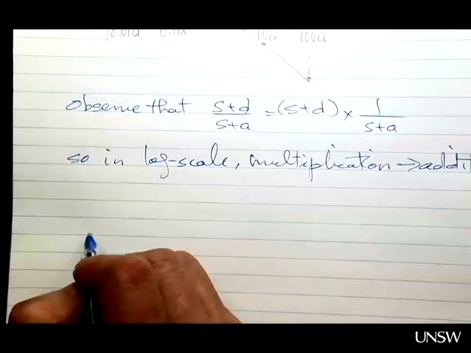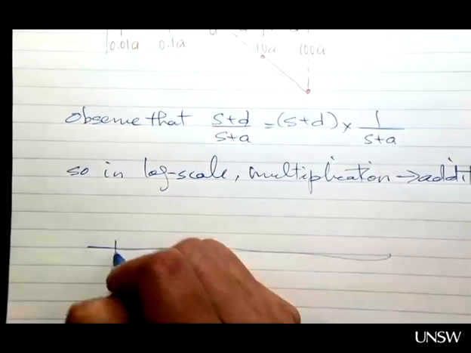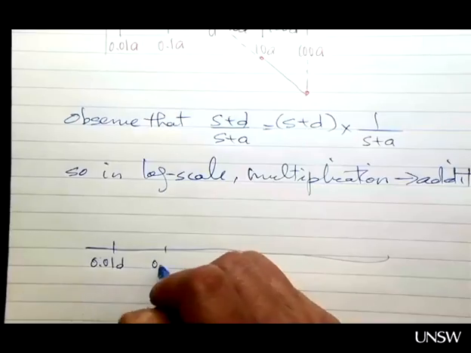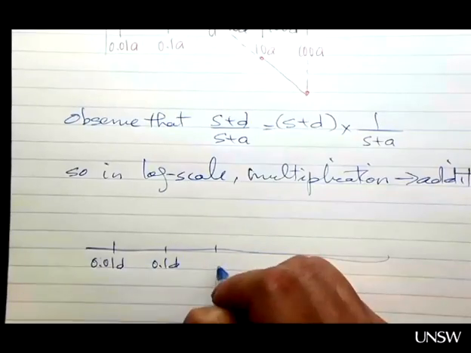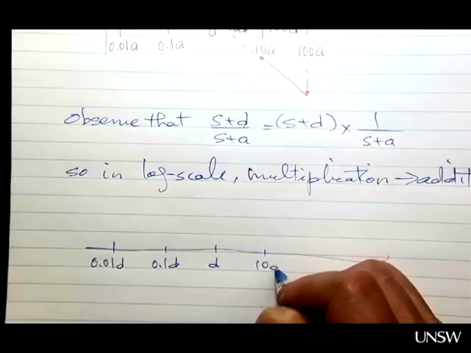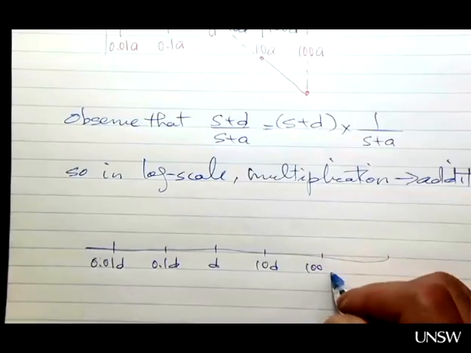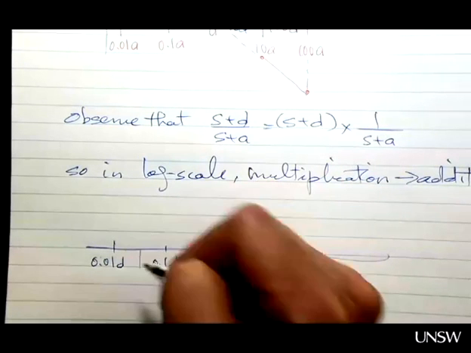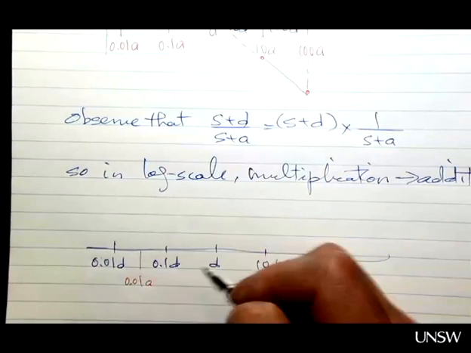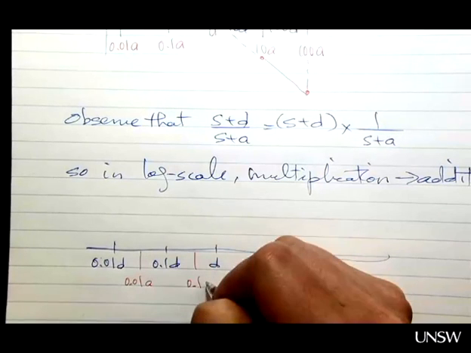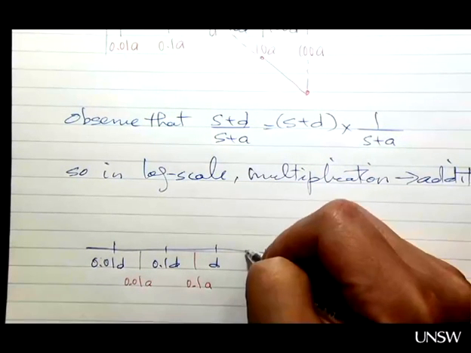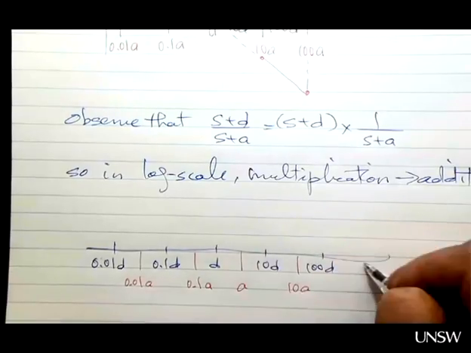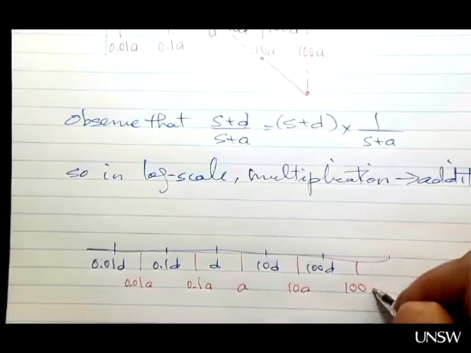So it is 0.01d, 0.1d, and then d, 10d, 100d, and then we also have a, 10a, 100a.